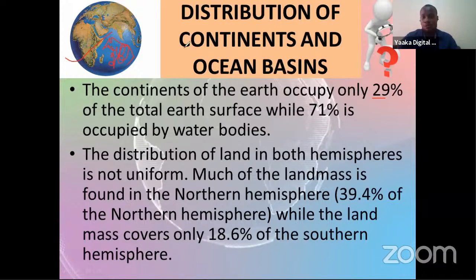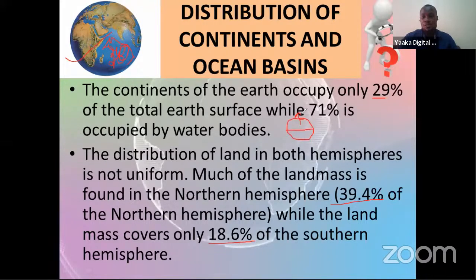But out of the 29% that we are remaining with, much of the land mass is found in the northern hemisphere. That is 39.4%. And then 18.6% in the southern hemisphere. If you have your Earth, which is spherical, and you divide it into 2, you will find that in the northern hemisphere we have much land.